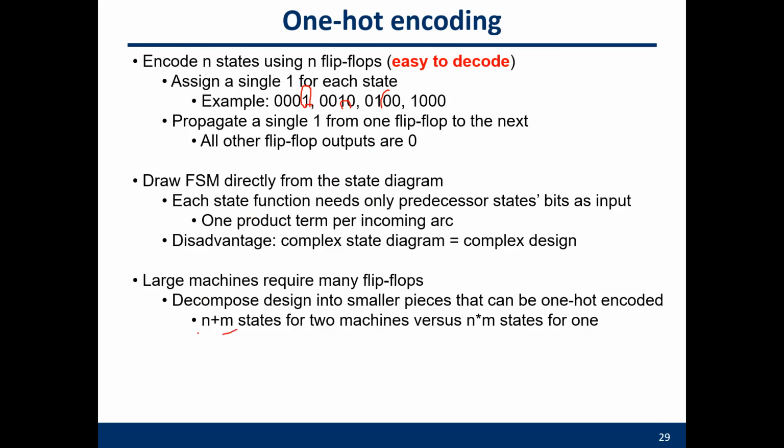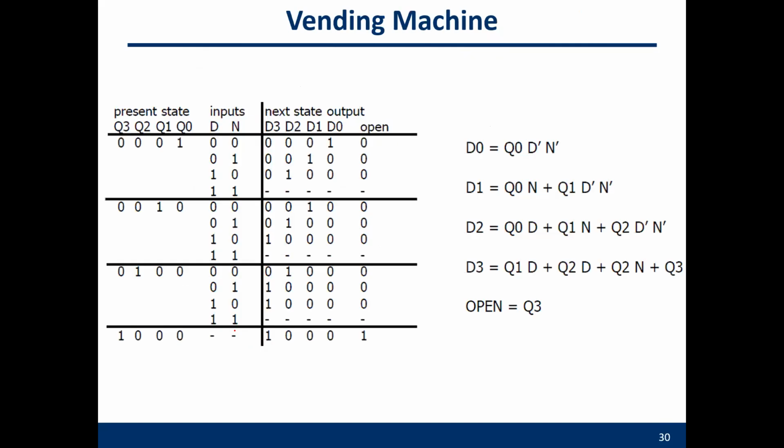So either we have N plus M states for 2 machines, or we can have N multiply M states for 1. Apparently, in this case, we prefer the first design because we will have fewer states. So this is the example of one-hot encoding.